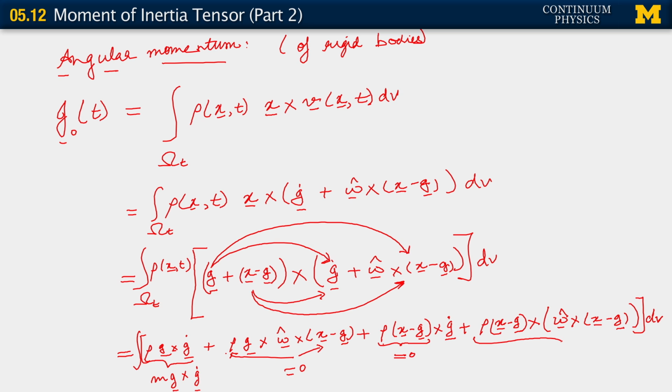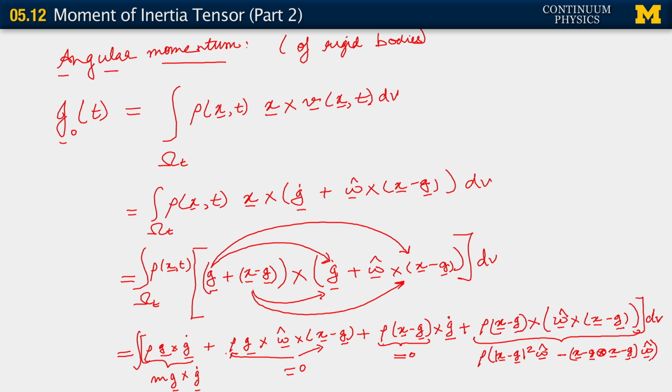For this term, what we're seeing is that we have one cross product of omega hat cross x minus g, and then we have x minus g coming along from the left and being crossed with that cross product. Now there is a standard result for the cross product of a cross product. We get rho times x minus g dotted with x minus g again, that is x minus g Euclidean norm squared, times omega hat, minus x minus g tensor x minus g acting on omega hat, and we have rho multiplying all of that.